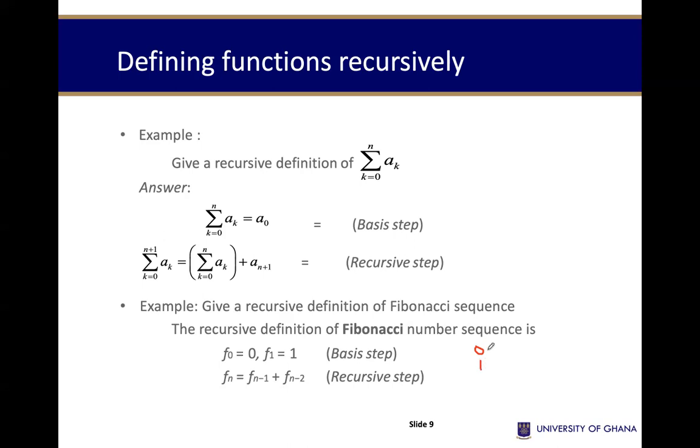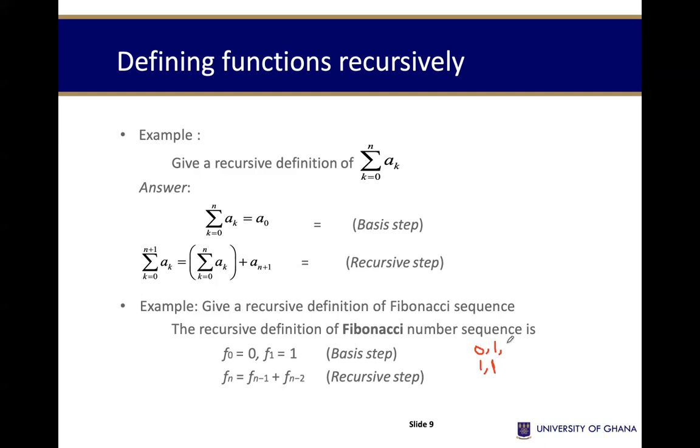The next number is mandatory a 1. So if I begin with a 0, the next number will be 1. If I begin with a 1, the next number will be 1. And then the next number is where the Fibonacci sequence comes in. It's going to be the sum of the previous two numbers.